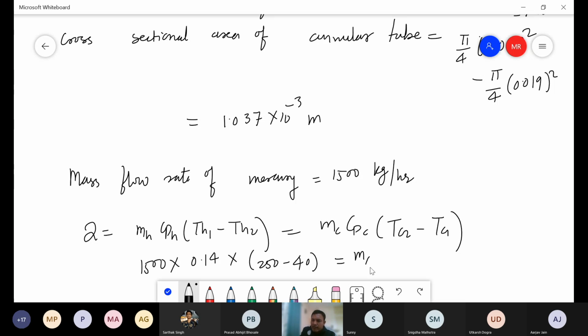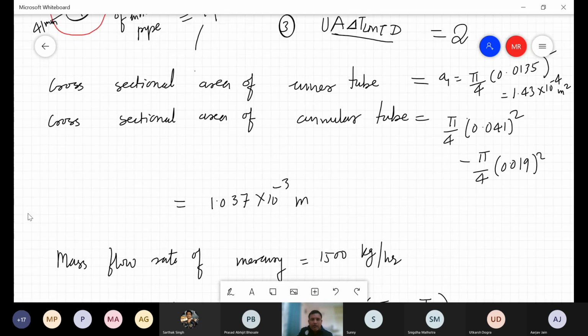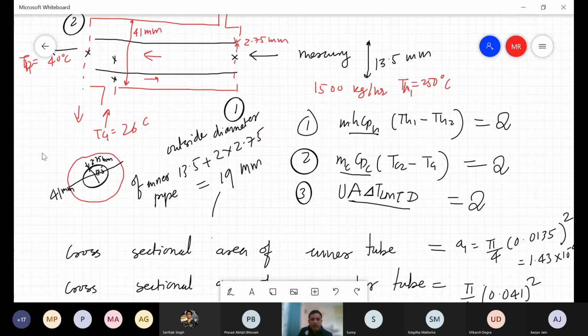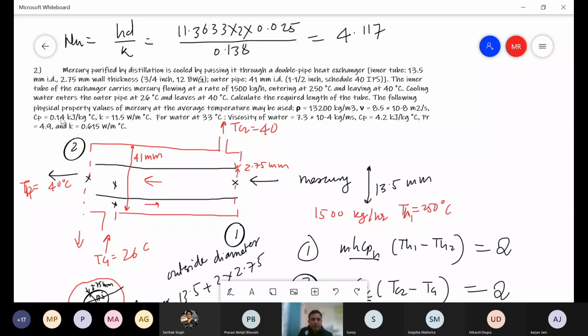So MC is unknown. CPC is the specific heat of the water, given as 4.2 kilojoule per kg per degree Celsius.